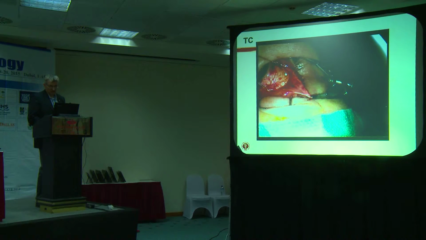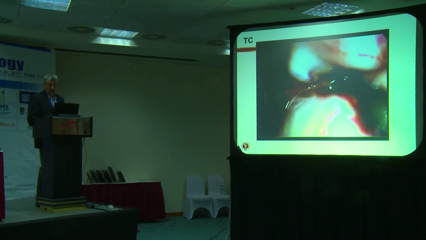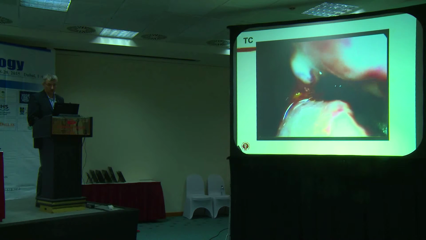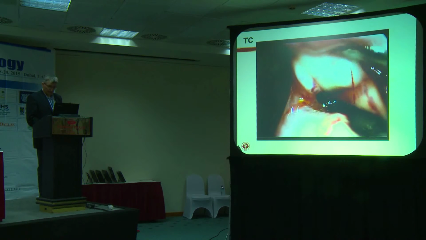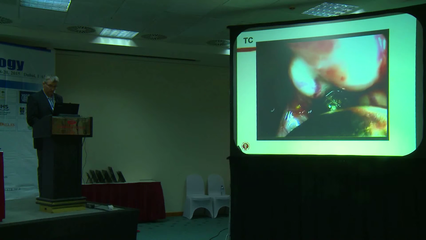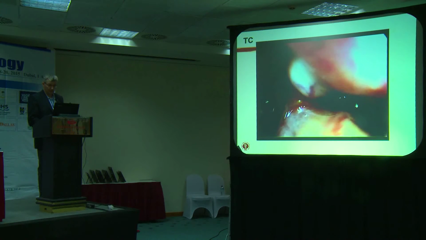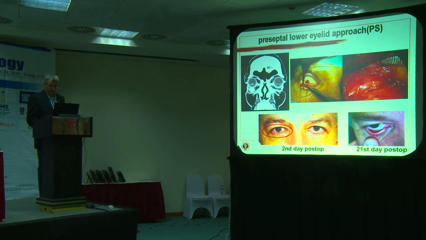It's the same transconjunctival approach. This is the ruptured eye globe here. This angled 45-degree optical nerve here. We use the magnet. This is the magnet, and this foreign body was removed this way. Then the ruptured eye globe was sealed, and we sutured the incision.